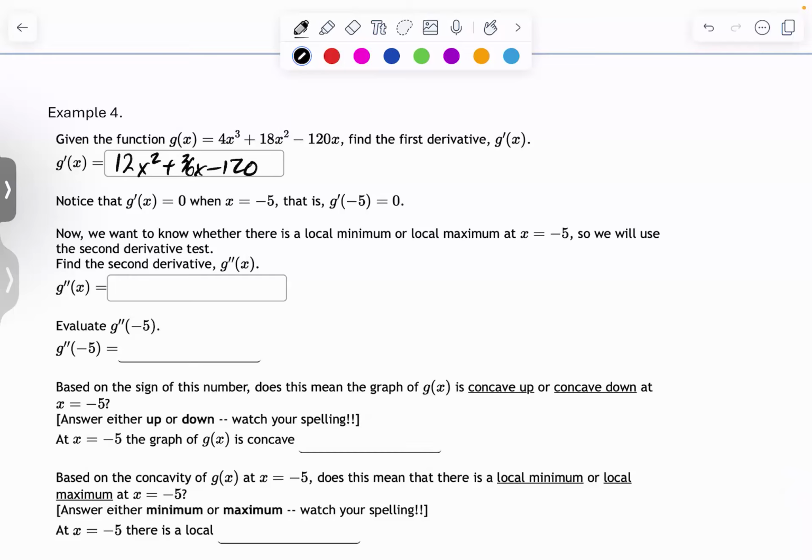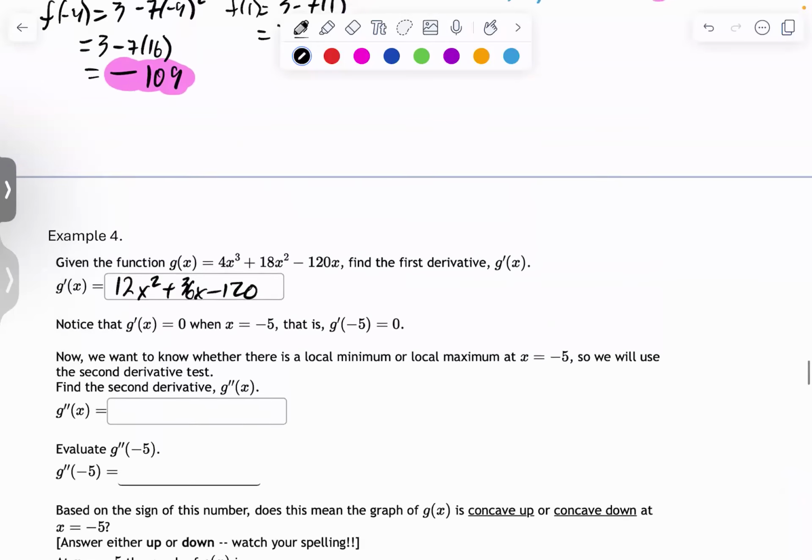You notice that g prime of x equals 0 when x equals -5. Let's verify that one, do that up here. So I'm going to do 12x squared plus 36x minus 120, and I want to find the critical value. And so what I'm going to do is divide through by 12, using that same trick.